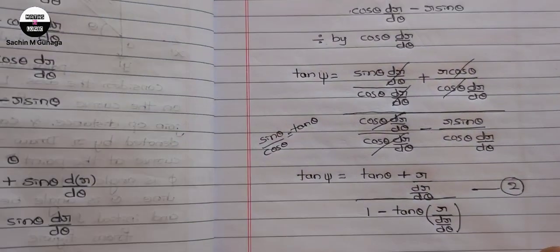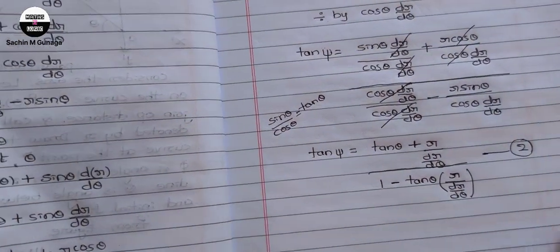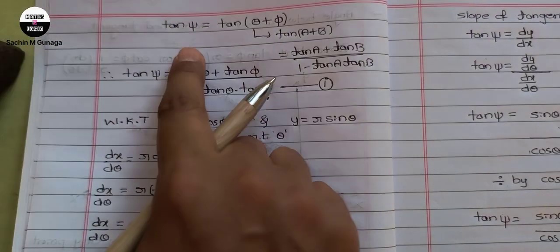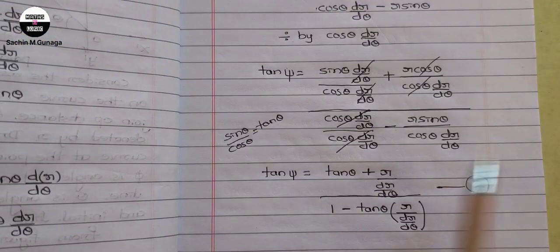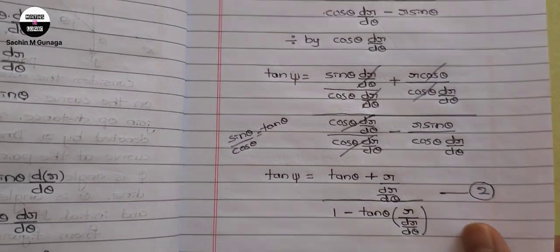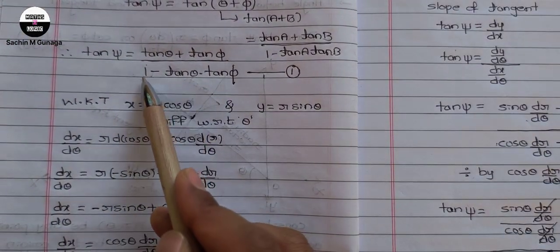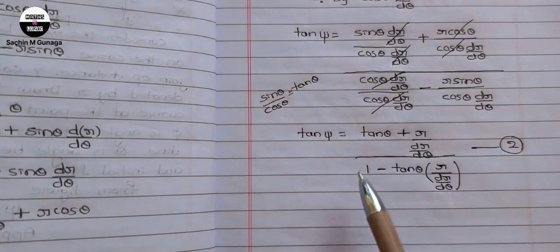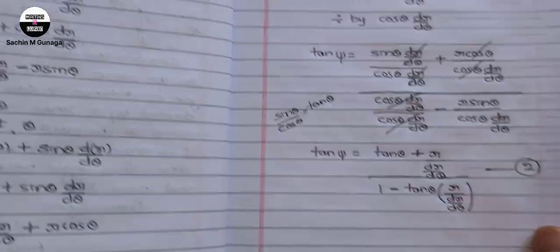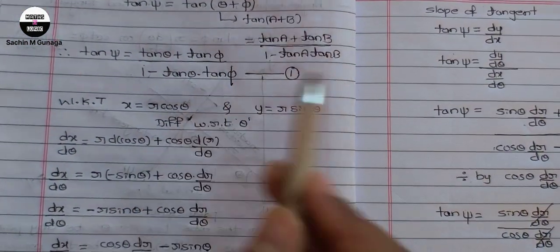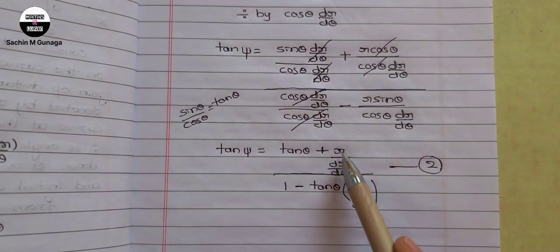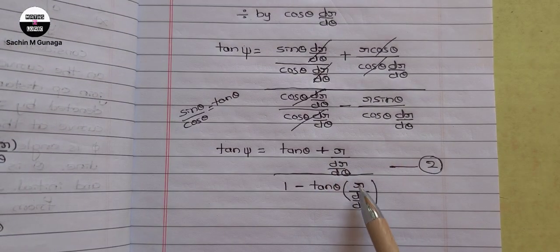Now I am going to compare equation 2 with equation number 1. We can see here in place of tan theta there is tan theta, and in place of 1, again 1, but we can observe that in place of tan psi there is r divided by dr by d theta.